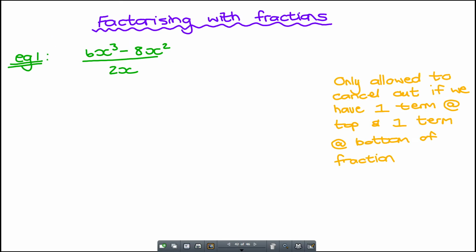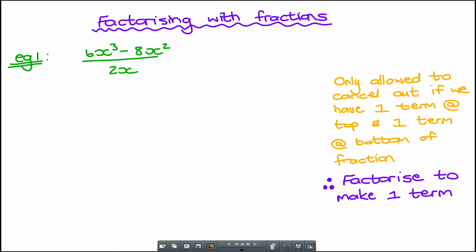So what we do to make it one term is we factorize. We factorize to make one term. For now we see the top and the bottom as 2 separate things, and we work them out separately. Once we've done that, then we can cancel out.